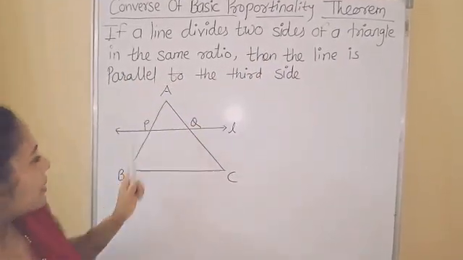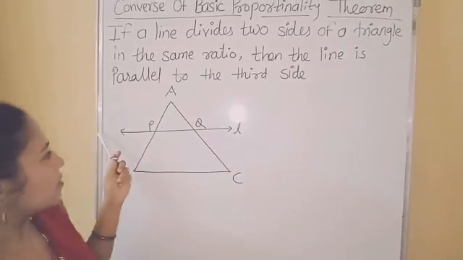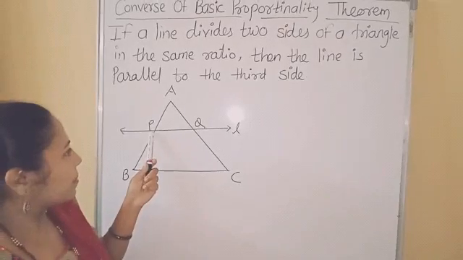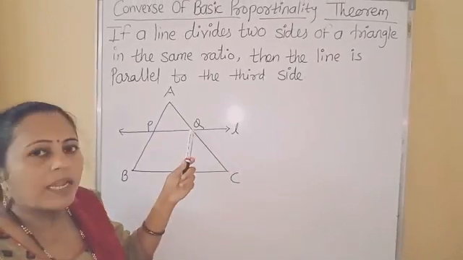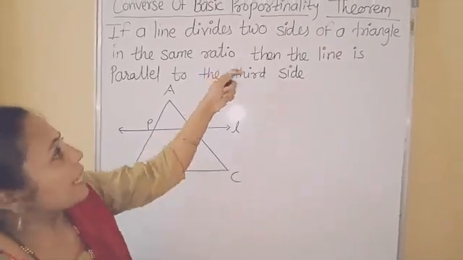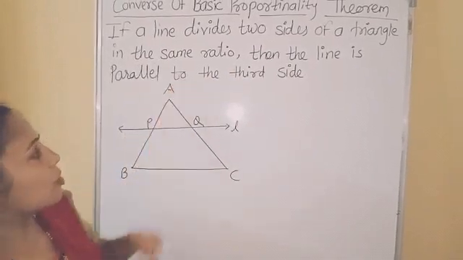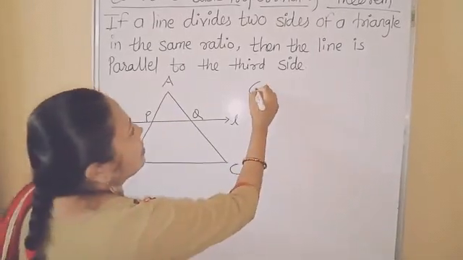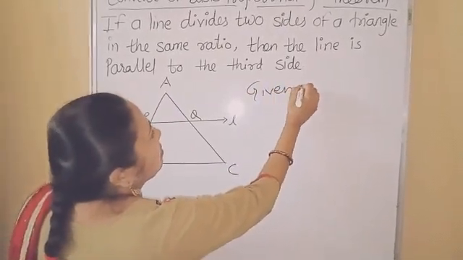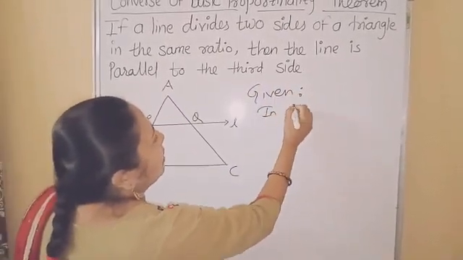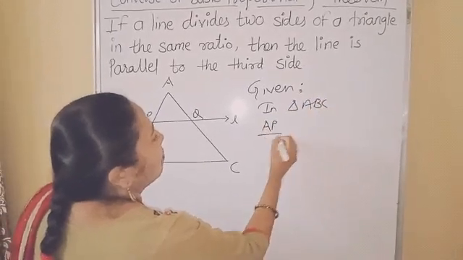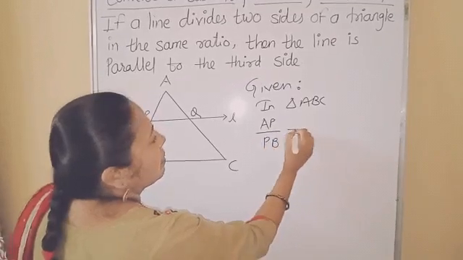So here I drew triangle ABC. I drew one line L which intersects side AB at point P and side AC at point Q. It divides the sides in the same ratio. This is the given part. In triangle ABC, it divides the first side in the ratio AP upon PB.